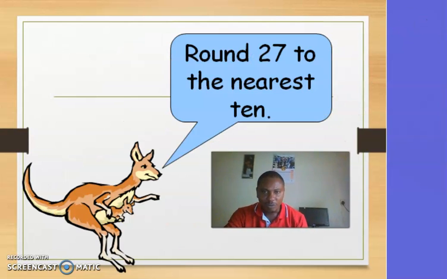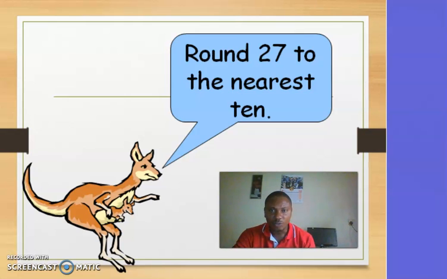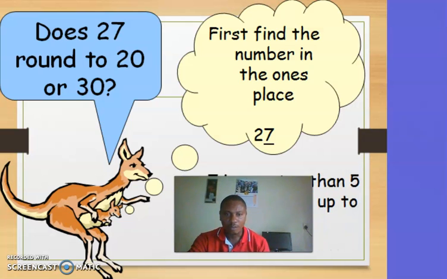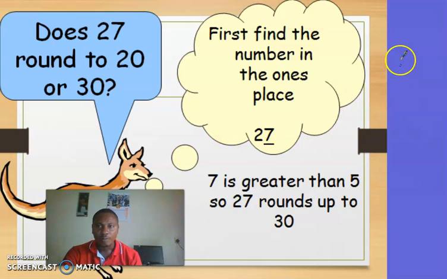Our kangaroo is telling us to round 27 again to the nearest 10. So we write the number 27.